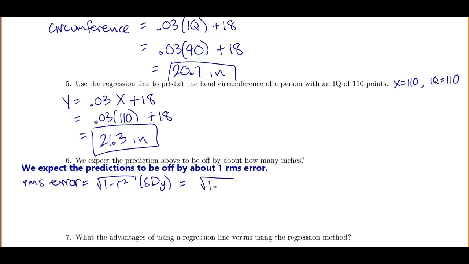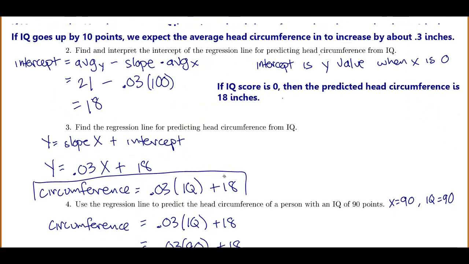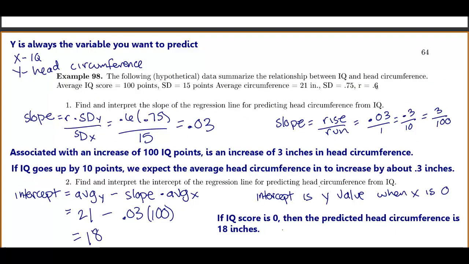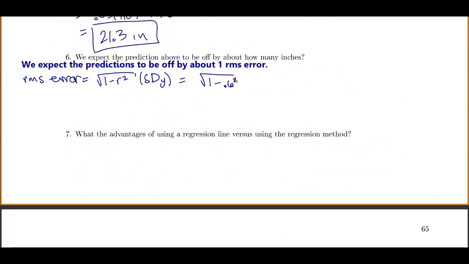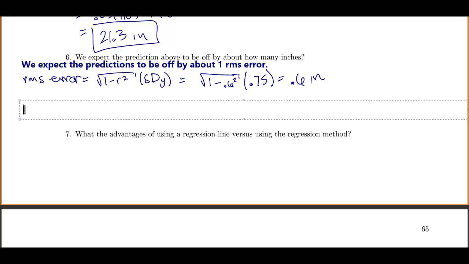Let's go back up and see what our correlation was. Our correlation was 0.6, and the standard deviation for y is 0.75. So it's the square root of 1 minus 0.6 squared, times 0.75. When I put this in my calculator, just coincidentally, it ends up being 0.6 inches. So we expect our prediction to be off by about 0.6 inches.